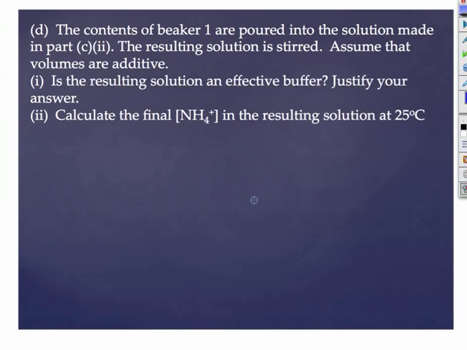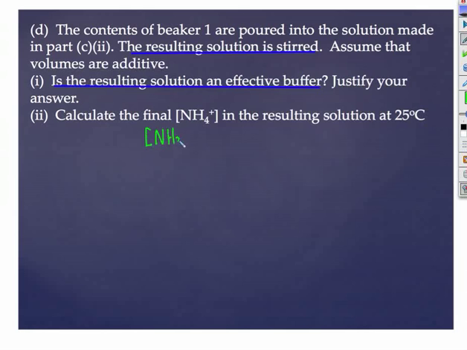Okay, let's go on. This was actually a very long problem, in my opinion. This one says the contents of beaker 1 are poured into the solution made in part C, and the resulting solution is stirred. Now, is the resulting solution an effective buffer? Okay, that's your first question.